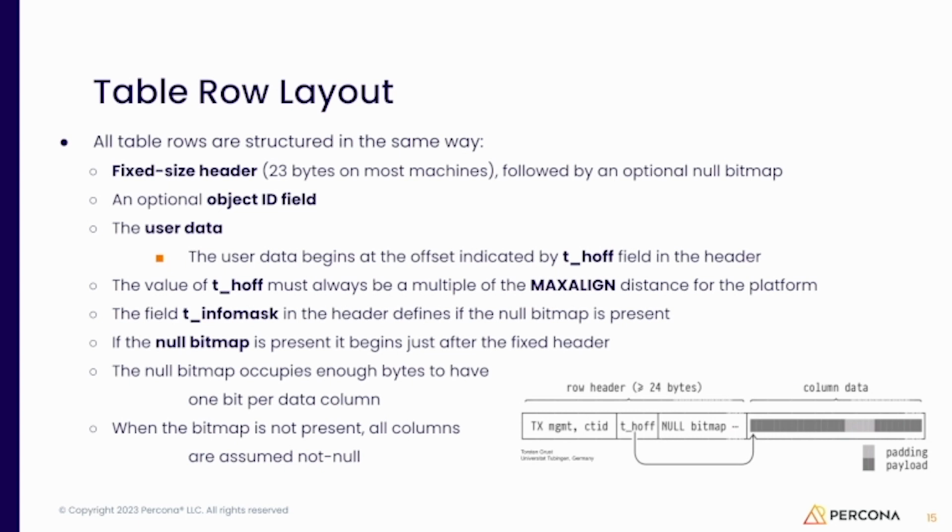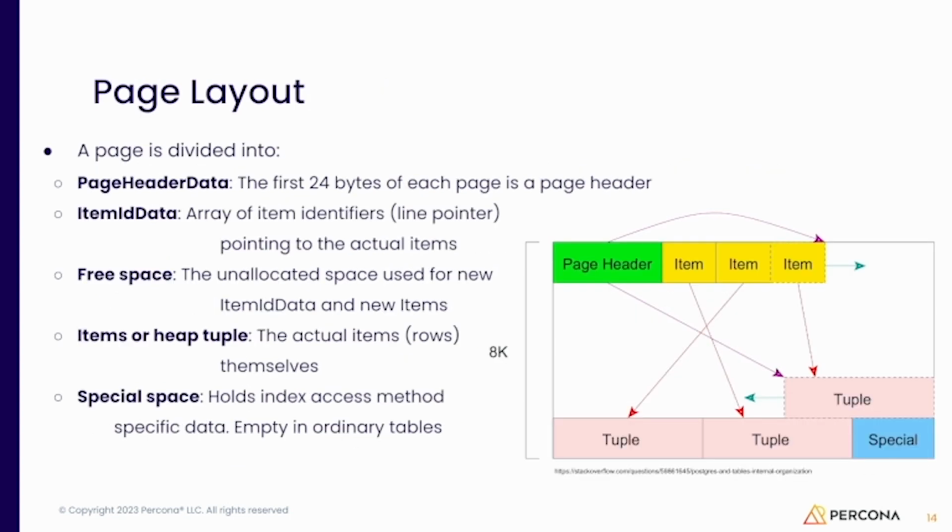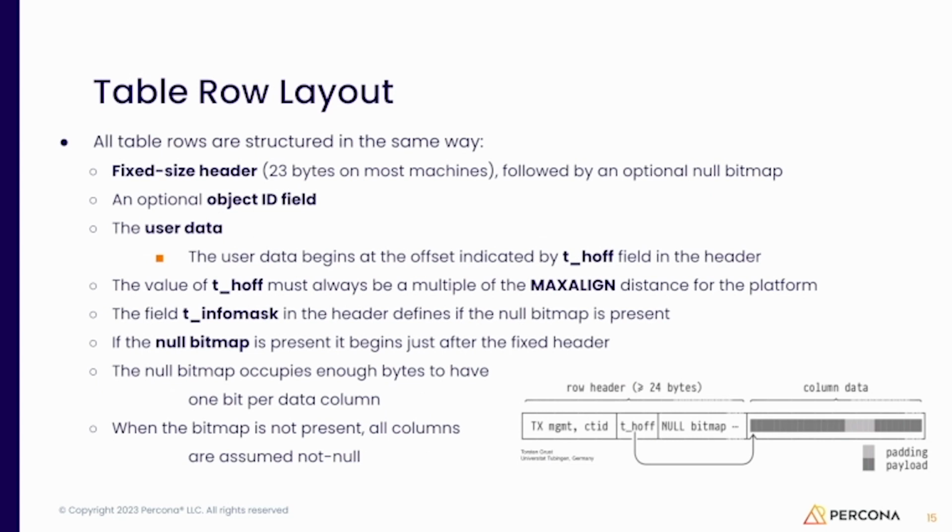Now that we see the table, time to see the layout of the row. This is how our row is organized inside of the database. Every time that we insert one row, one of those tuples here, it will have a header. All of this is the header of 24 bytes, with a lot of information about the data.